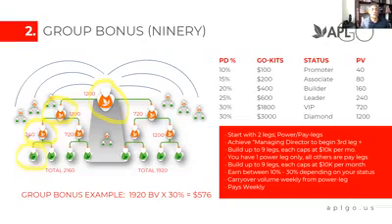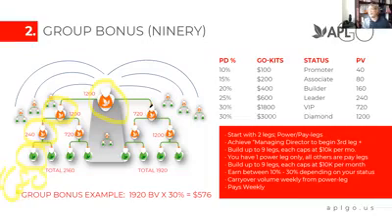Let me do some math here. 1,200 plus 240 is 1,440 plus another 240, 1,680. Okay, I have $1,680. I'm not gonna be able to write that on this leg.